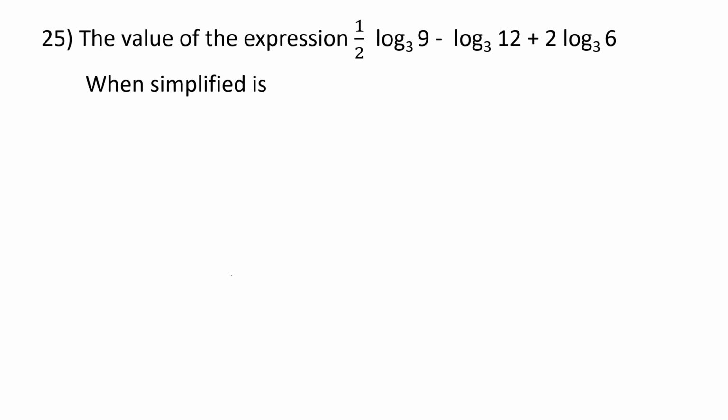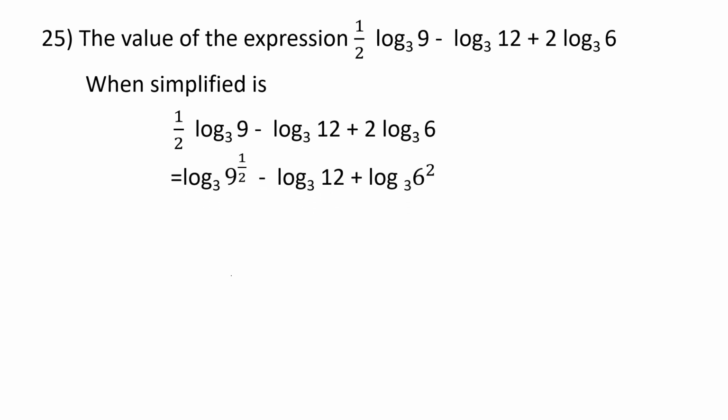By applying the laws of logarithms again, you can write half log 3 of 9 as log 3 of 9 to the power half, and 2 log 3 of 6 as log 3 of 6 to the power 2, like that. Log 3 of 9 to the power half, subtract log 3 of 12, plus log 3 of 6 squared. And 9 to the power half means the square root of 9, which is 3.